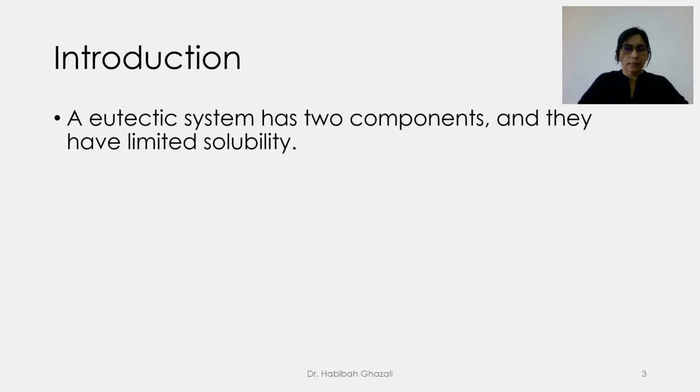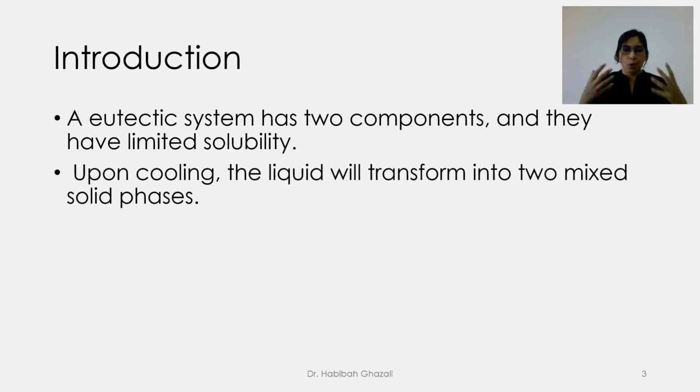So in the eutectic system, similar to the isomorphous system, a binary alloy has two components, but this time they have limited solubility. So it has only a certain amount of solubility limit. And therefore, upon cooling, the liquid will transform into a mix of two solid phases.